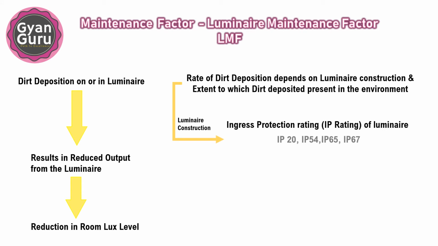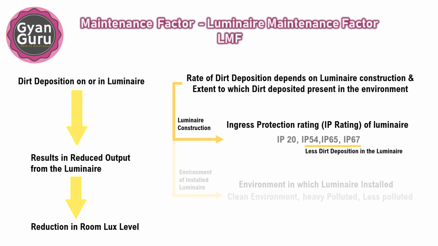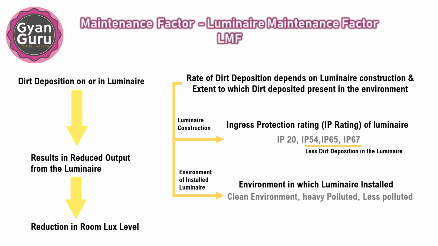Dirt deposition in the luminaire will be less for IP rating fixtures of 54, 65 and 67 as compared to a fixture of IP rating 20. Second factor is the type of environment in which the luminaire is installed, whether very clean, very polluted, less polluted, etc. The extent to which dirt is present in the atmosphere is in turn related to the nature of the dirt generated in the specific environment.